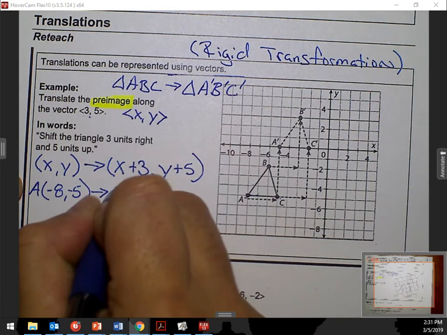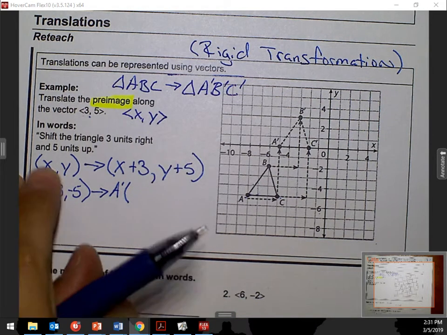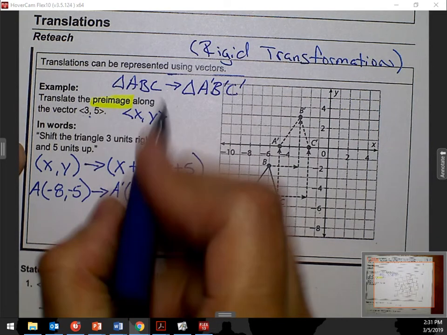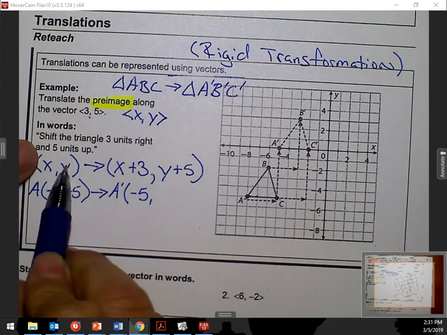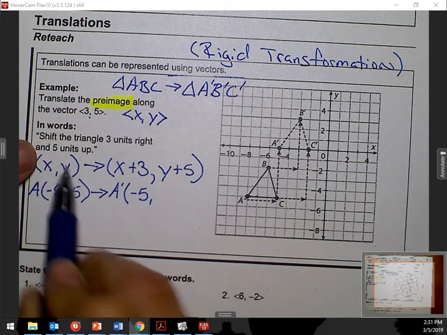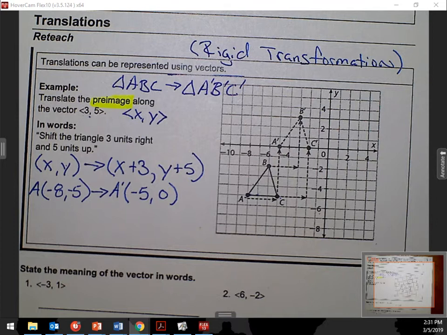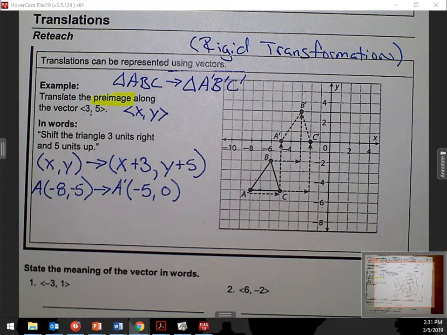Excellent. So now what am I doing to my x value here? Adding 3, so I get negative 5. What am I doing to my y value? Adding 5, so I should get 0. Does that make sense? Okay, now let's do the next one.